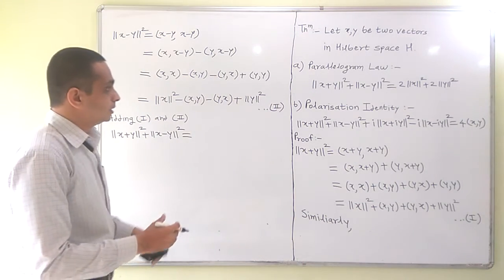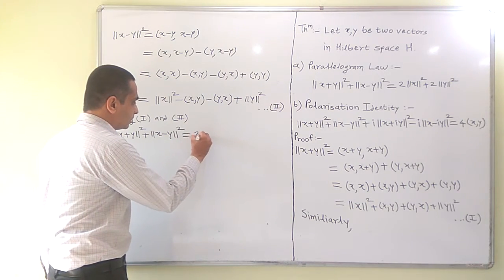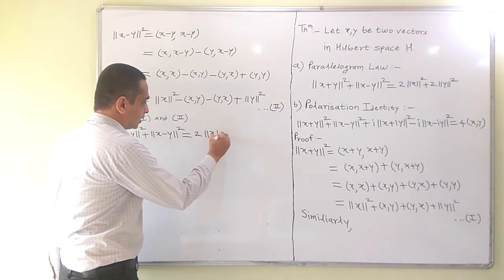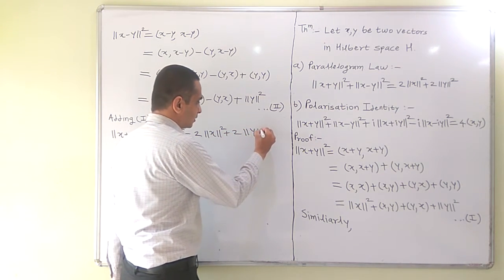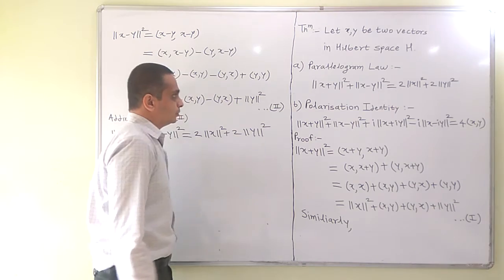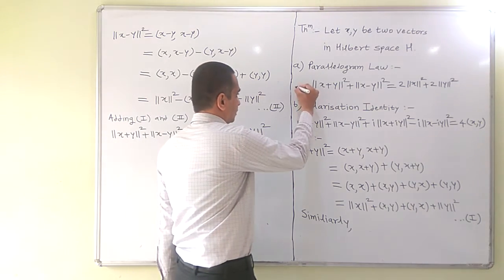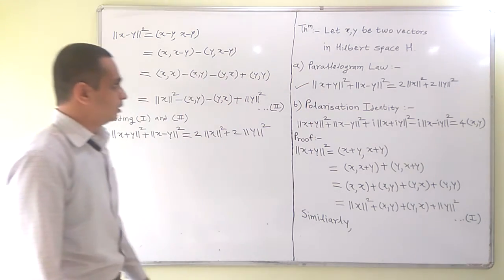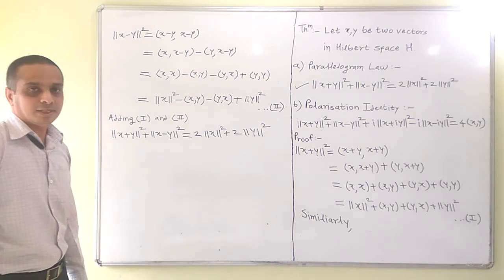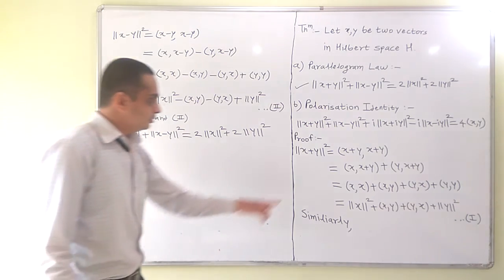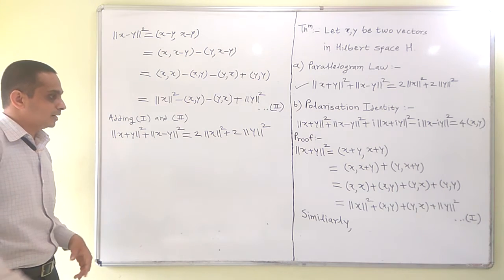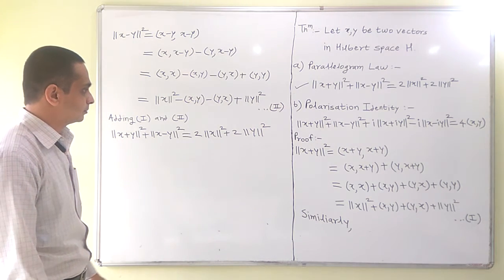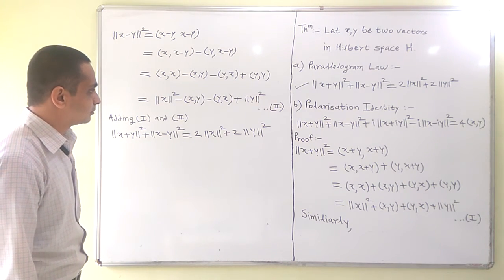So this is equal to 2 times norm x square plus 2 times norm y square. This proves our first part, parallelogram law. Proof is quite simple. As I mentioned, you simply have to add these two.